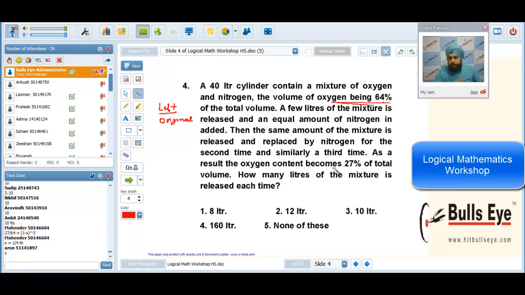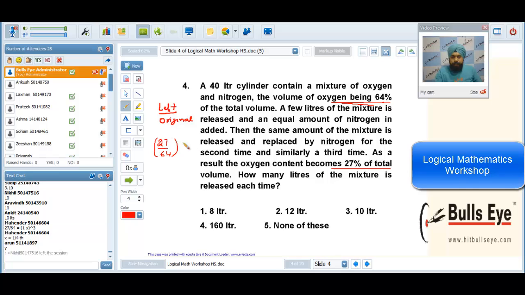The question is talking about volume of oxygen. Now, it was 64 earlier and now it is 27. So, the ratio of leftover to the original in this case becomes 27 by 64.